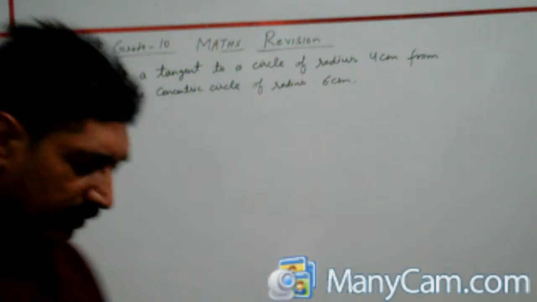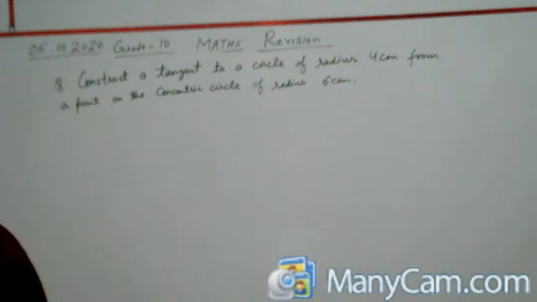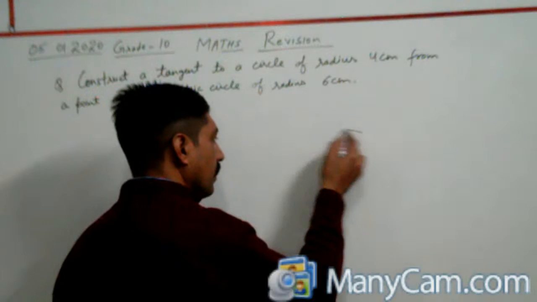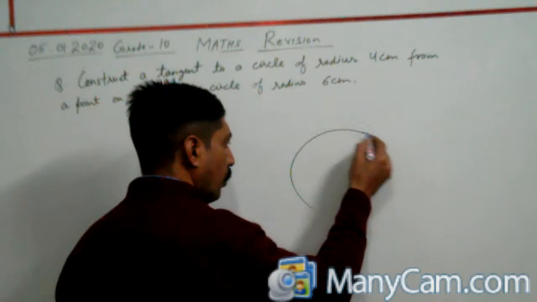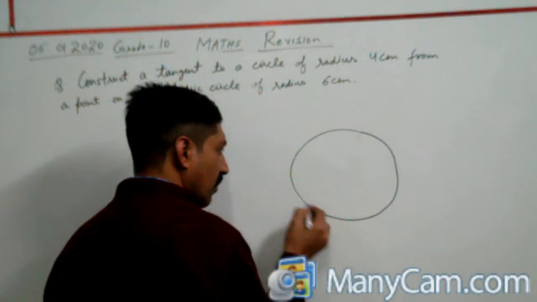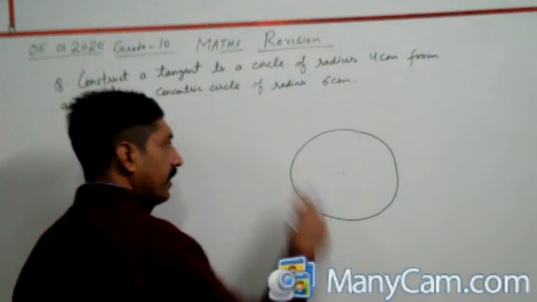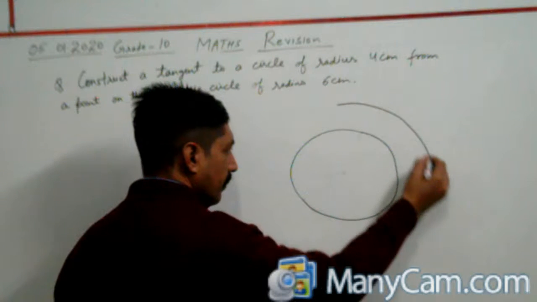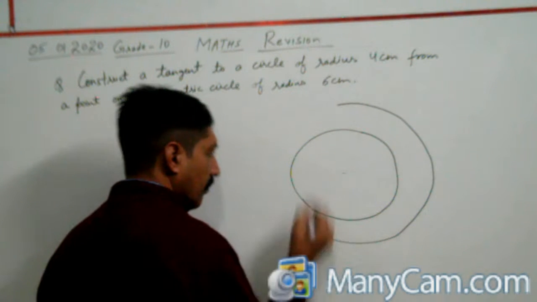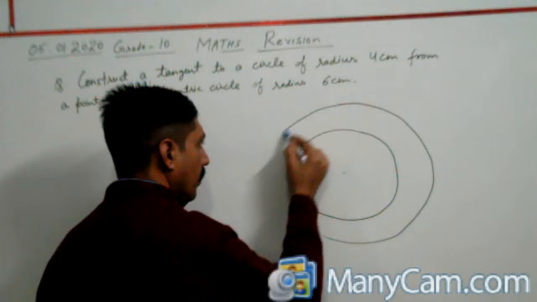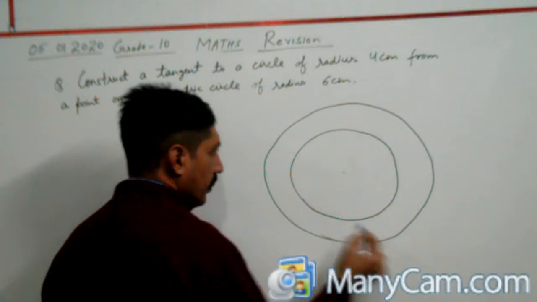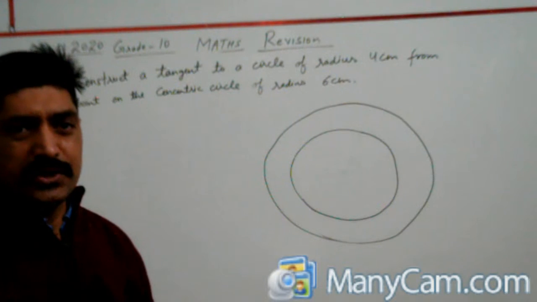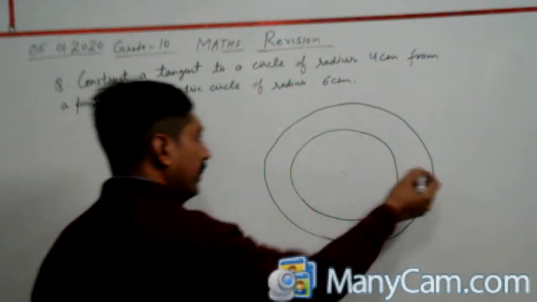So here what is the concept? Two circles. One circle has a radius of 4 centimeter and the concentric circle has a radius of 6 centimeter. Now we have to plot the pair of tangents from one point, right?